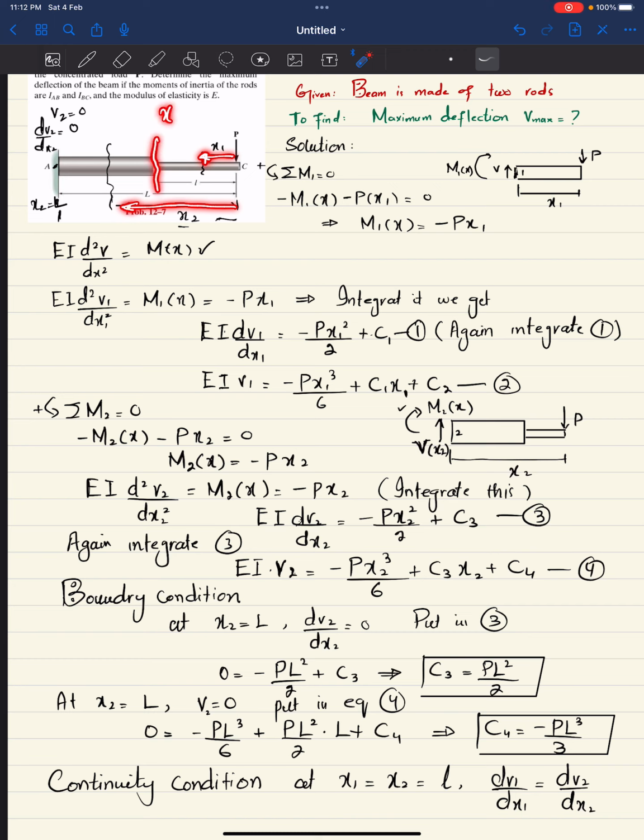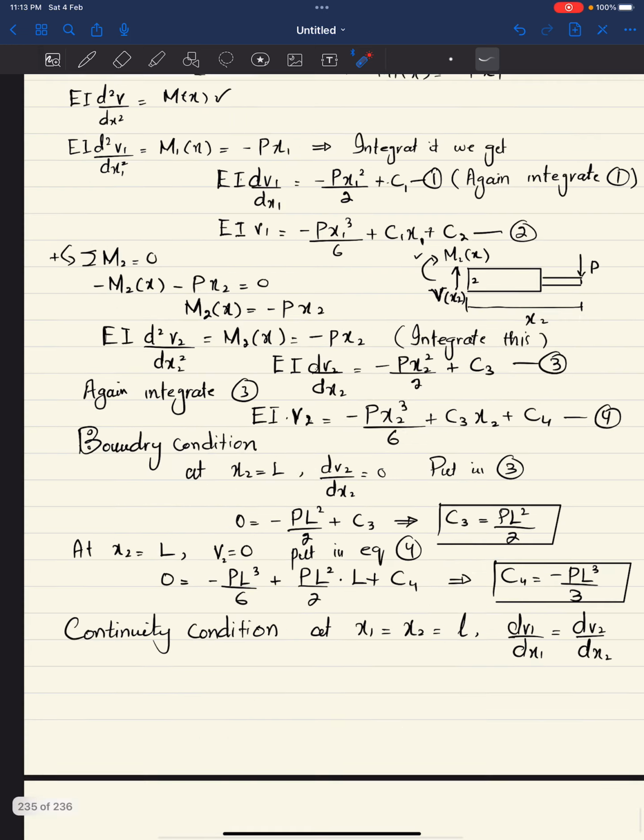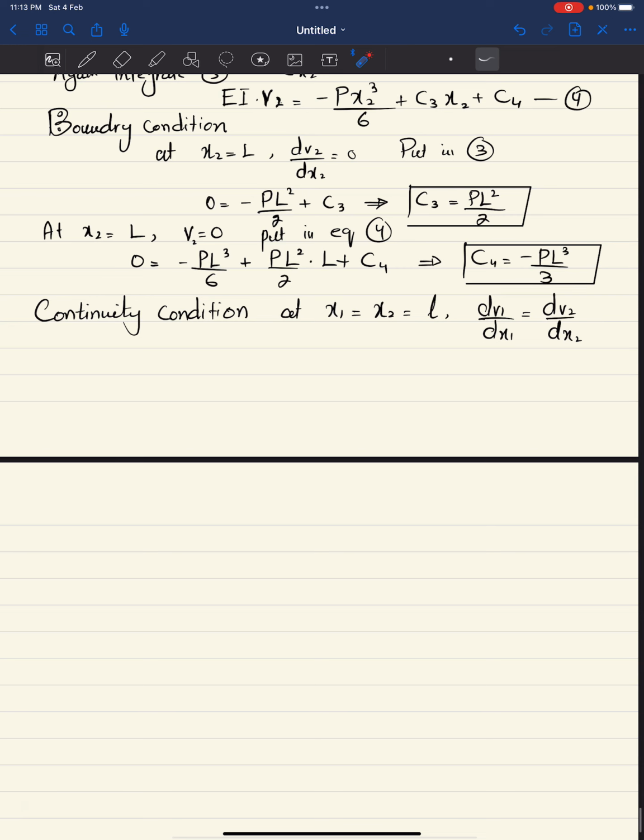When x1 is equal to x2 is equal to small l, you will have the same slope, clear? So dv1 over dx1 is equal to dv2 over dx2. This is the continuity equation. Also at x1 is equal to small l and x2 is equal to small l, we have v1 is equal to v2, because we will have the same deflection at this point. This will be another continuity equation.